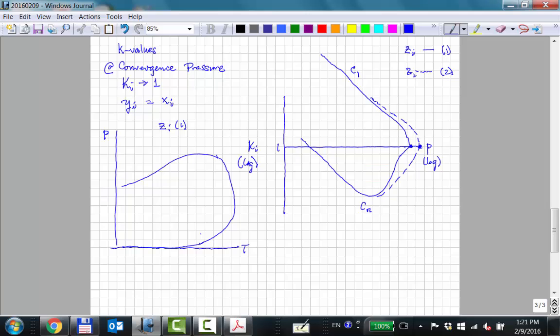And I'm going to put the critical here. Okay. So that's the critical point of this mixture. Now the K values over here is for a particular mixture and at a fixed temperature. Okay? At a fixed temperature.